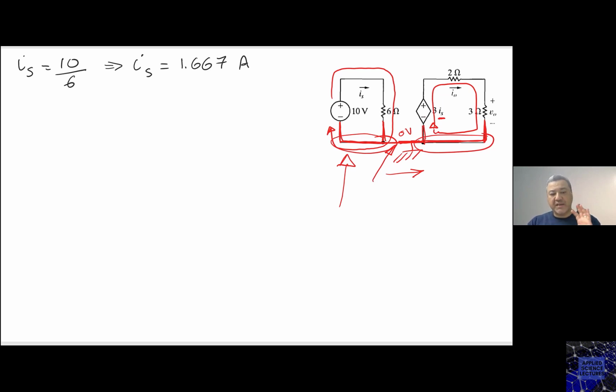They're two separate circuits that are sharing the same potential. What is connecting them, what is binding them, is the controlling variable, which is the IS. So this is what the source is doing.